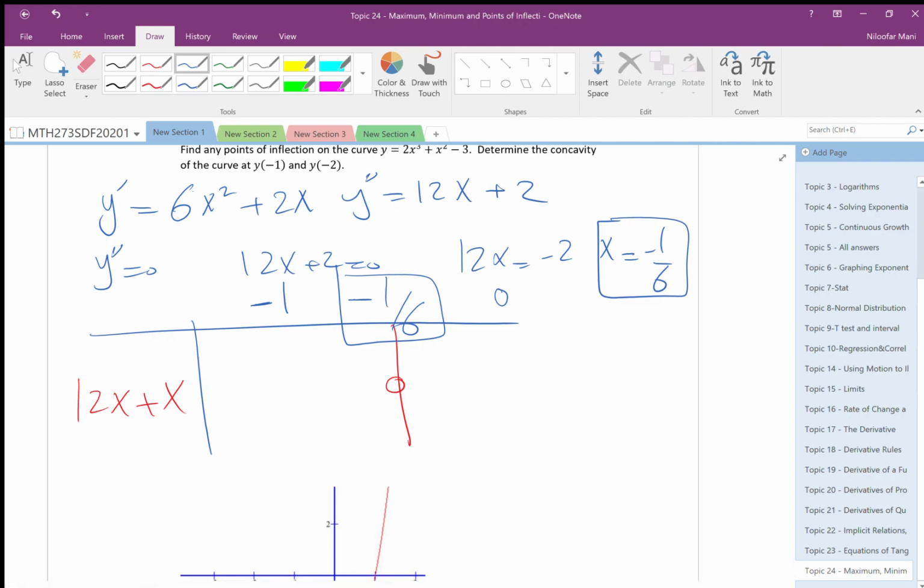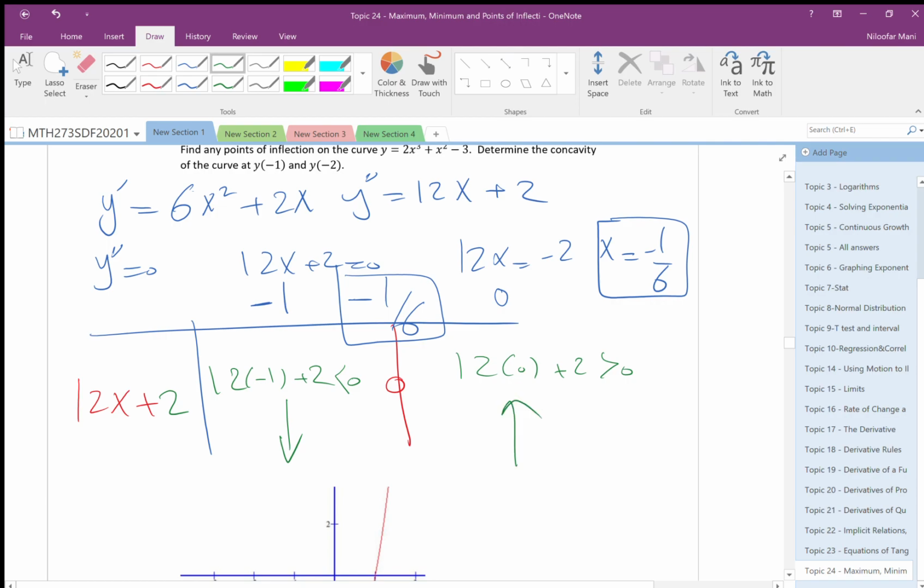Now I check 12 times minus 1 plus 2, which is negative, so concavity is down. 12 times 0 plus 2 is positive, so concavity is up.